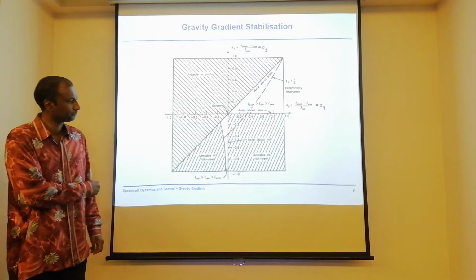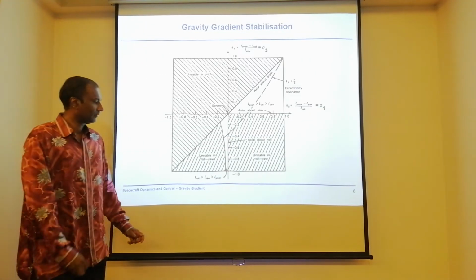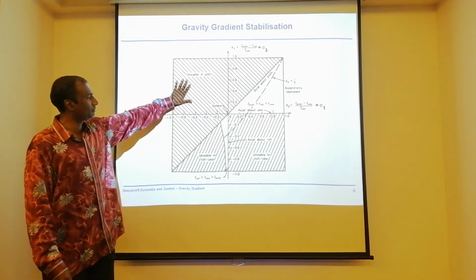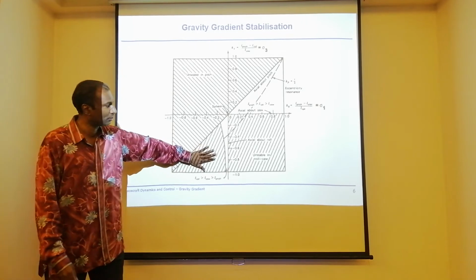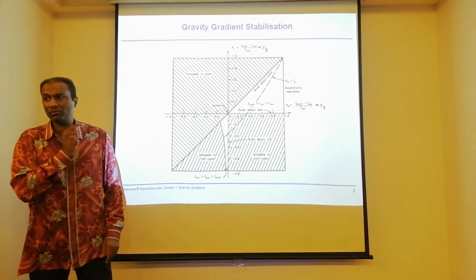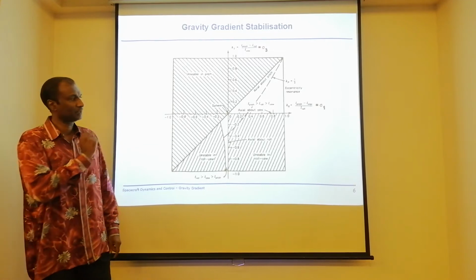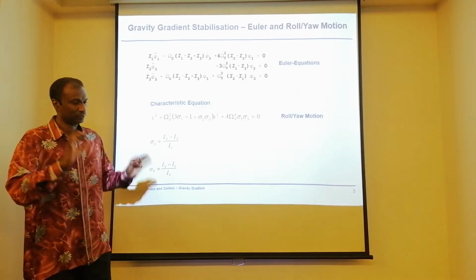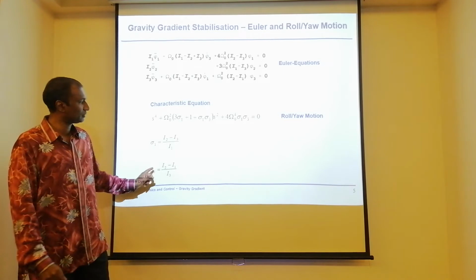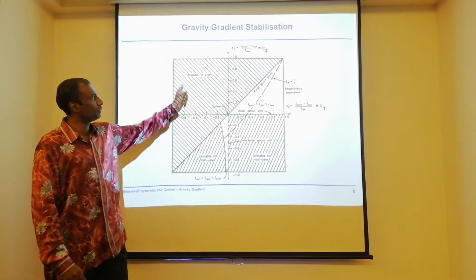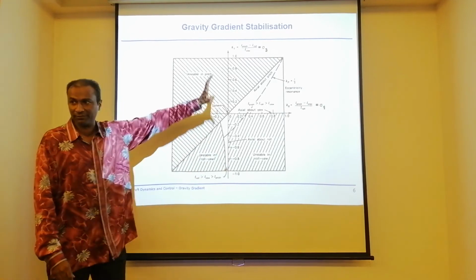If you look at this plot, it says that there are so many unstable pitch, and you have unstable roll yaw. Why does this happen? You go and look at your sigma 1 and sigma 2. When you start putting in the numbers for sigma 1 and sigma 2 and checking back here, you will arrive at this graph.